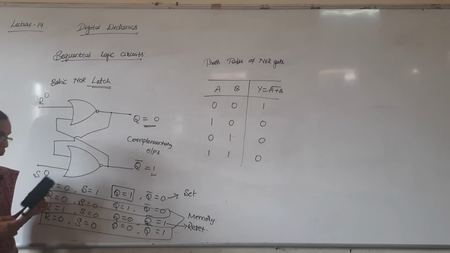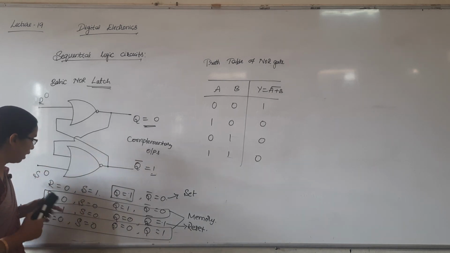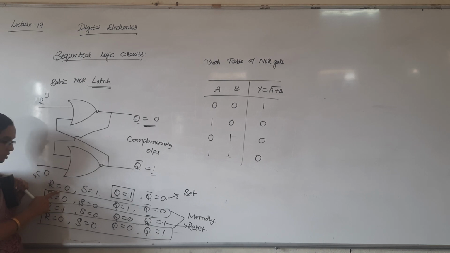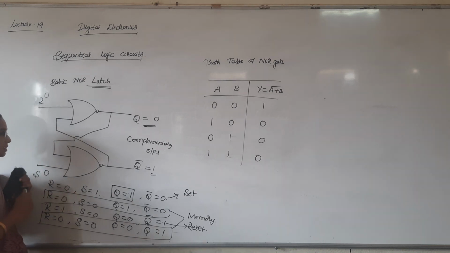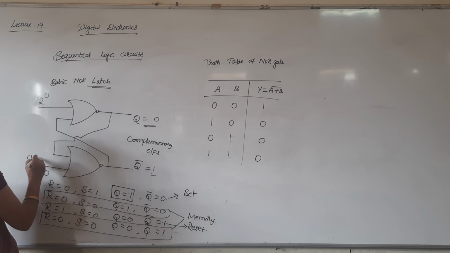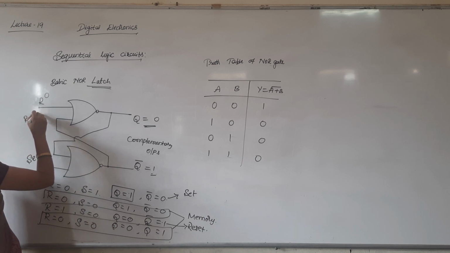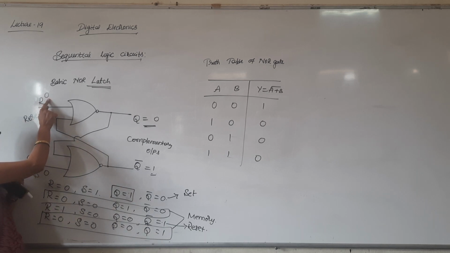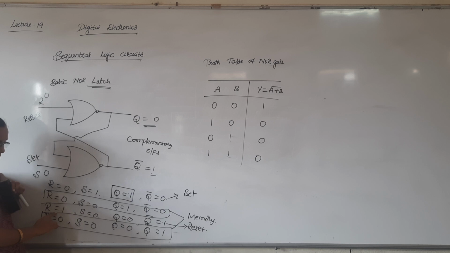That means if you want to store 1, you have to make S is equal to 1, R is equal to 0. S stands for set, R stands for reset. If you want to reset the flip-flop, you have to make R is equal to 1.